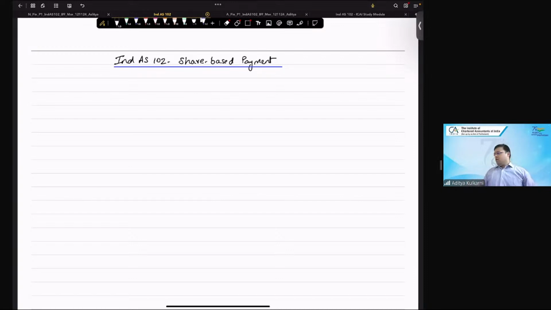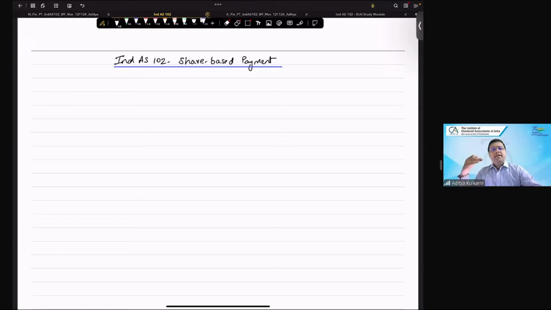Okay. So there was a guidance note earlier in this respect that was titled Guidance Note on Employees Share-Based Payments. It was formulated by the institute, and many of the entities that provided stock options would do the accounting in tune with that guidance note.